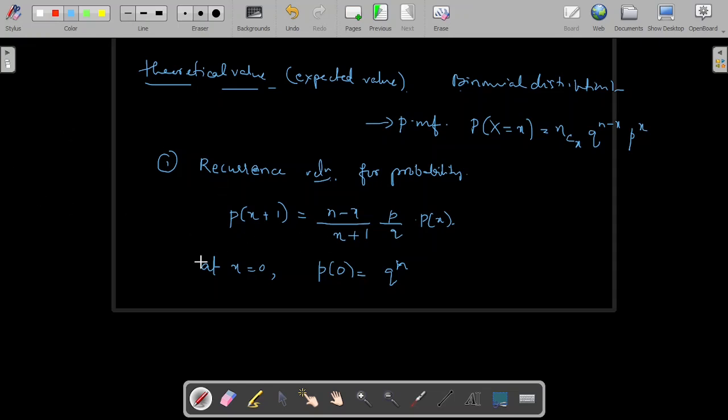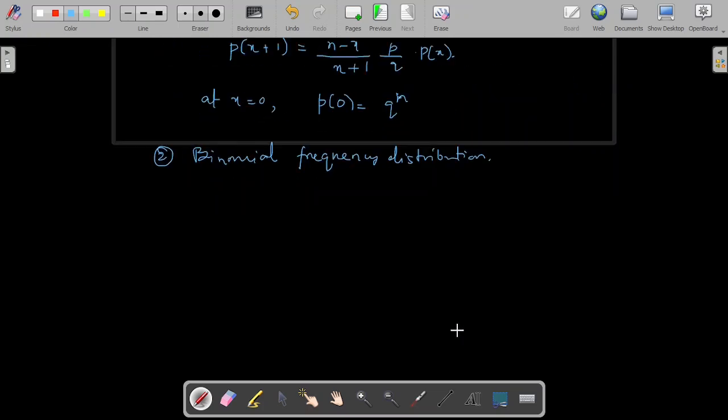Now, the second step is to get the binomial frequency distribution. Frequency distribution is different from probability distribution.